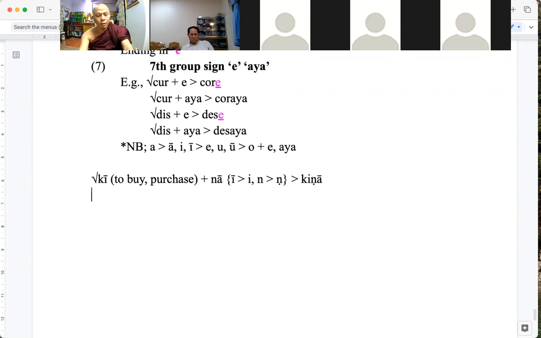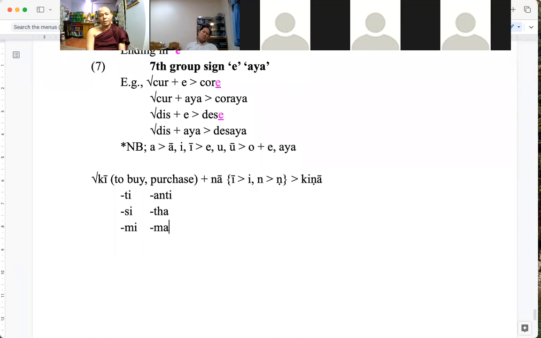So now, to form the present verb by adding ti, si, ta, mi, and ma, we will have kinati, kinanti, and kinasi, kinatha, and kinami, kinama. So ti and nti, si, tha, mi, ma.